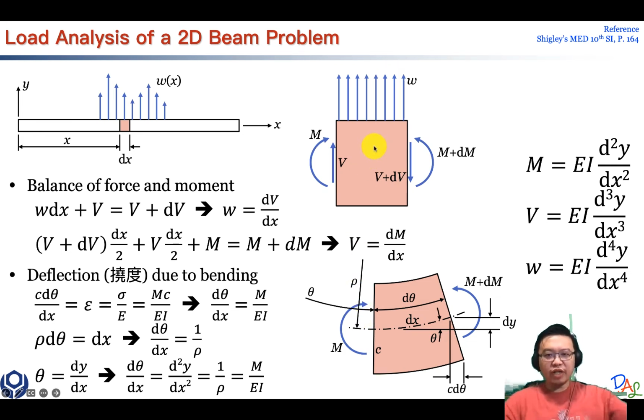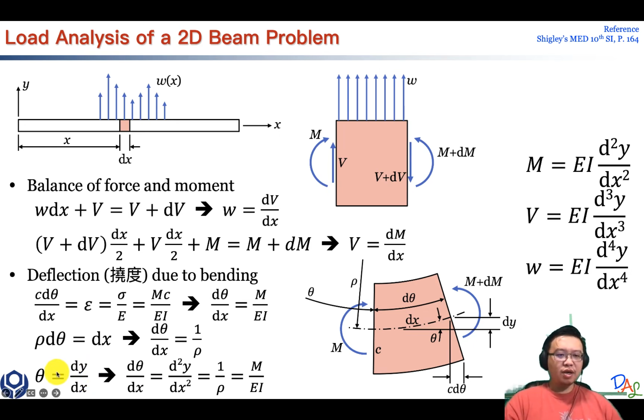If we use this radius rho, and multiply by this angle d theta, we end up with the arc length over here. Because this is right at the neutral axis, there's no difference in length, so this arc also has the length of dx. That's why we have rho d theta equals dx. And at the end, d theta over dx equals 1 over rho. That's important for later derivations.